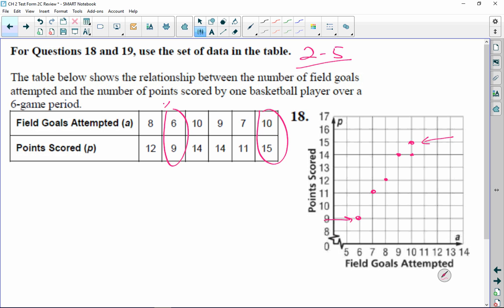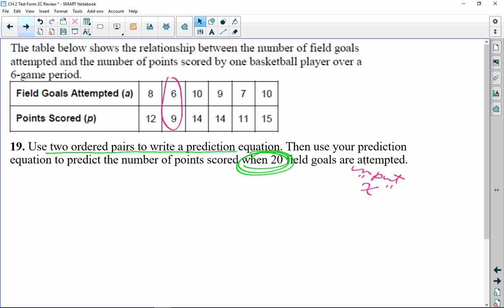Okay, so this would be x of 1, x of 2. This would be y of 1, y of 2. Pencil that in so you see it.